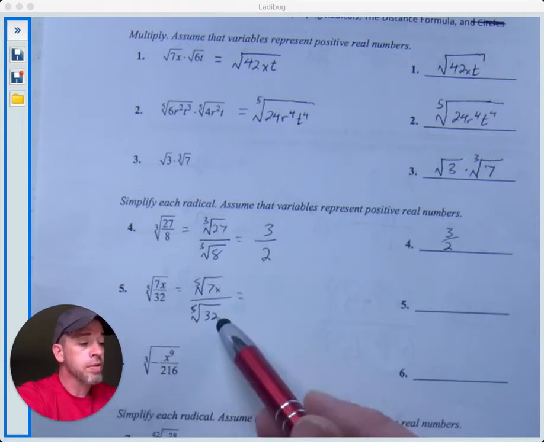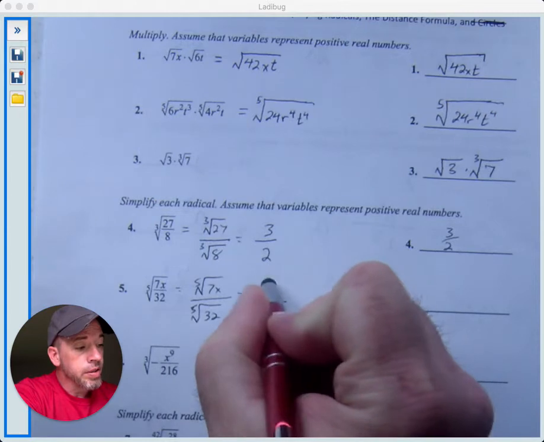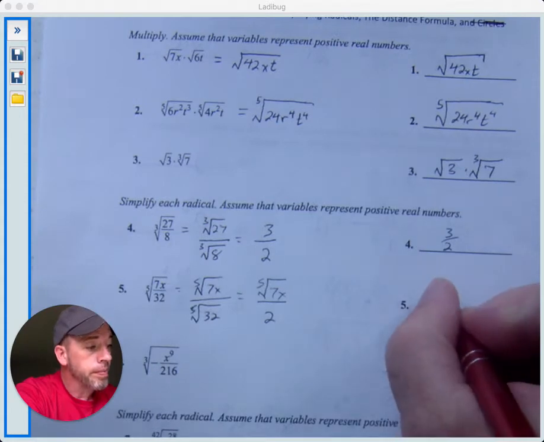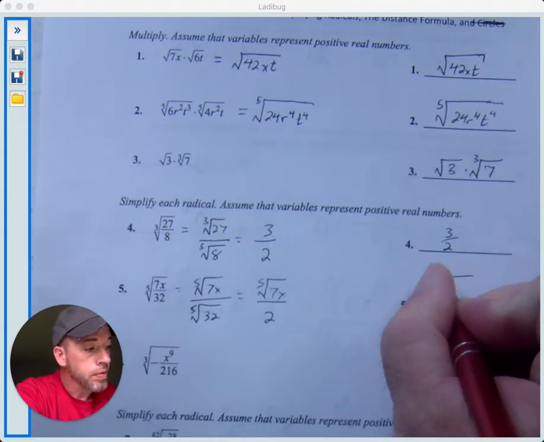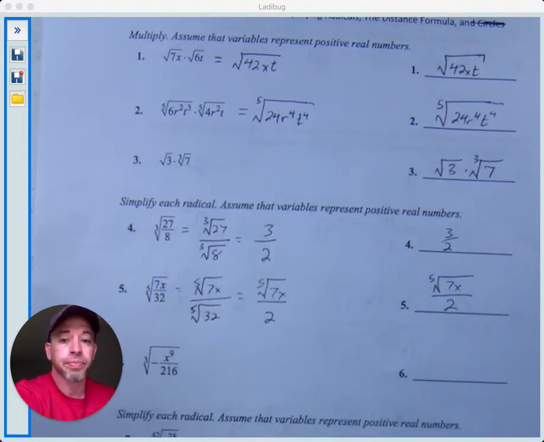So the fifth root of 32 is 2. And so the top we don't do anything with, but the bottom we can. So we get the fifth root of 7x over 2.